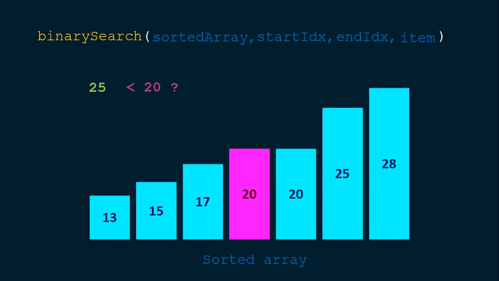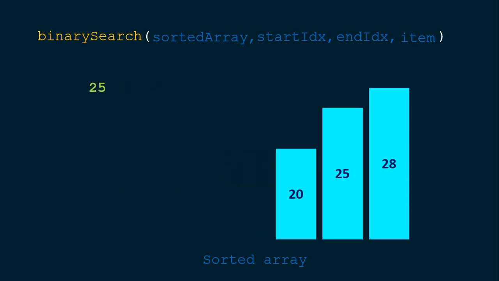So we can now ignore the middle and just focus on the left side of the array. But in our case, 25 is greater than the middle element, which is 20. Since the array is sorted, we can conclude that 25 is somewhere in the right side of the array. And now, we can ignore the middle element as well as the left side of the array and focus on the right side.